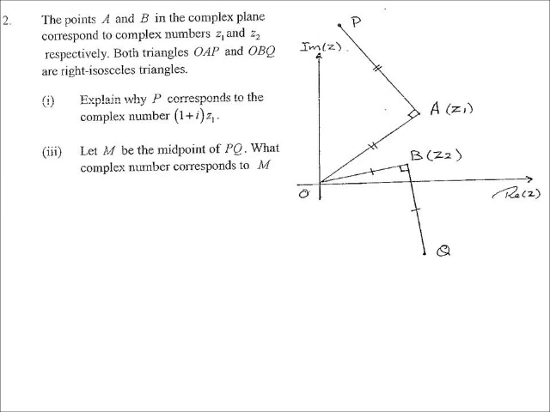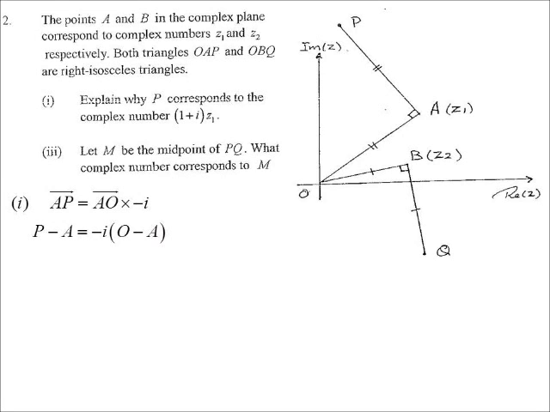Well, let's have a look at the vector AP. The vector AP would be the vector AO rotated 90 degrees, but I'm going in a clockwise direction rather than an anti-clockwise direction. So I've multiplied it by minus i instead of plus i. Sub in, head minus tail.